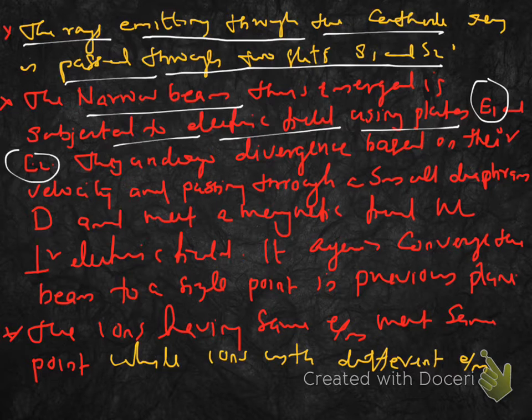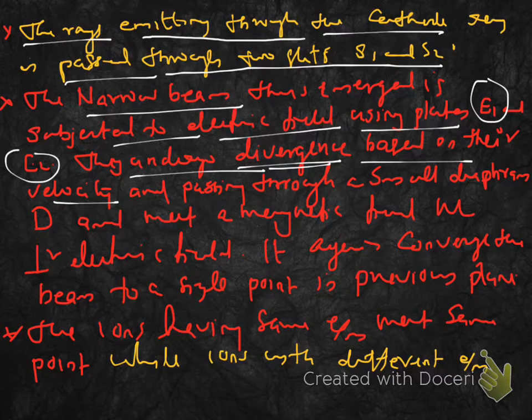When the electric field is applied, they get deviated from their path and they undergo divergence, this beam of positive ions diverges based on their velocity of motion.